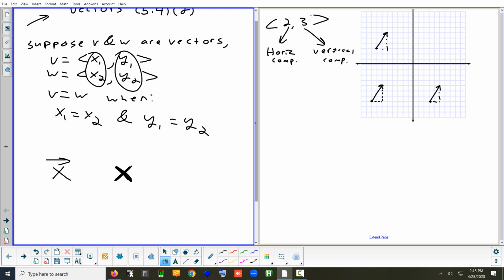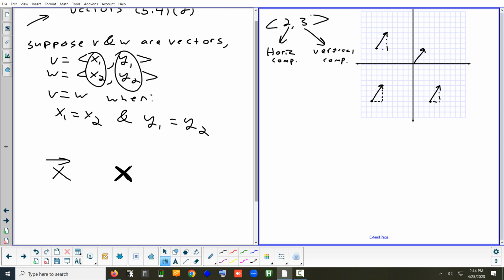So any question on why all these vectors are the same thing, even though they're in different spots? We said this yesterday too. What's the most common place we would start from? None of those that I drew are in the most common spot. Yeah, the origin is where you usually would start from.